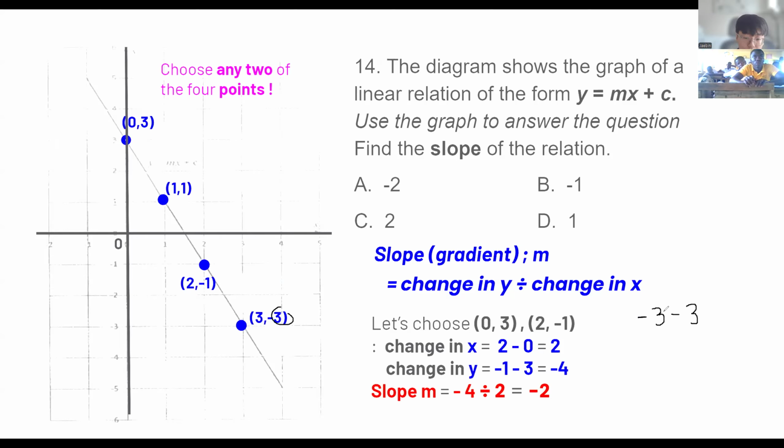So we always subtract the next point's y minus the previous point's y. And the same goes for x, right? So it'll be 3 minus 0 for x, just 3, which is the change of x. Negative 3 minus 3 is negative 6, and that is the change of y. That's why it is negative 6.